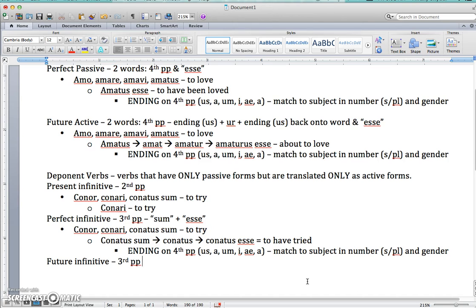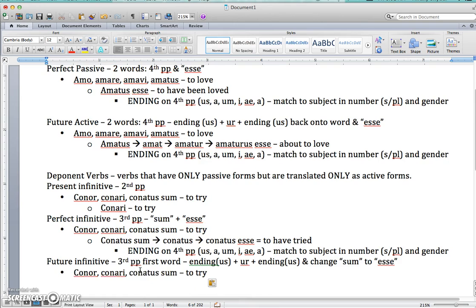So we're going to take the third principal part, first word. Let's take off the ending, minus the ending, which is us. You're going to add the UR, and then you're going to add the same ending back onto it. Or, well, if you need to change the ending, make it match in number and gender. So that was confusing. Add the ending back onto it. And then for the second word, you want to change sum to esse. Okay. So let's look at that.